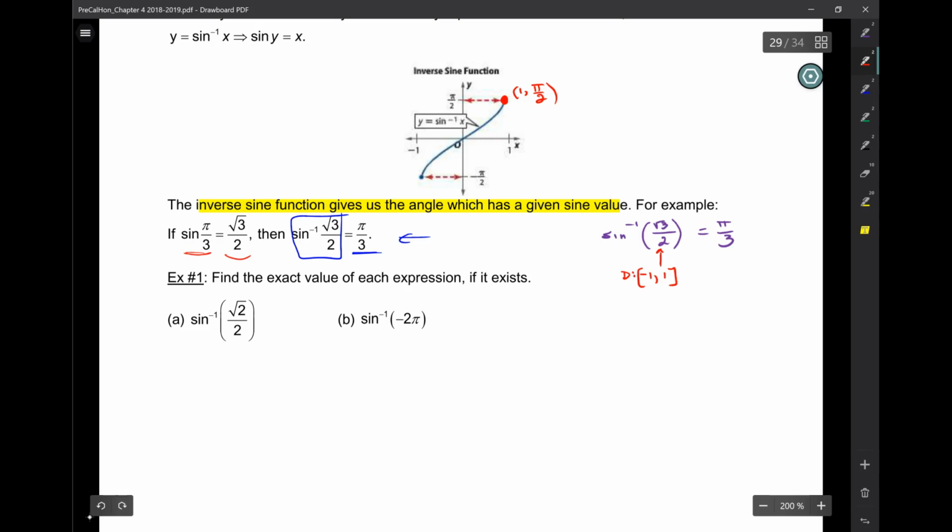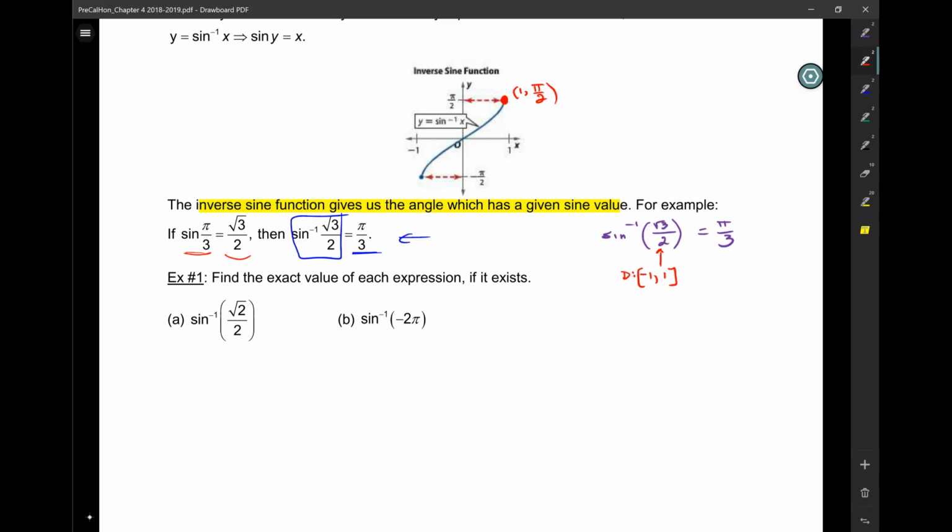Meaning, in order for this to work, the number inside those parentheses is only allowed to have values between negative 1 and 1. So for example, I can't ask you what is the inverse sine of 2 root 3, because that's greater than 1. I can't ask you what is the inverse sine of 2, because that's greater than 1. It would be not defined.